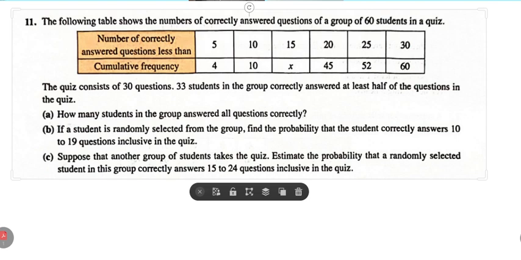Now, let's try to understand this. Looking out here, the quiz consists of 30 questions and the table ends in less than 30, which accounts for 60 students. The problem states that there are 60 students in total.